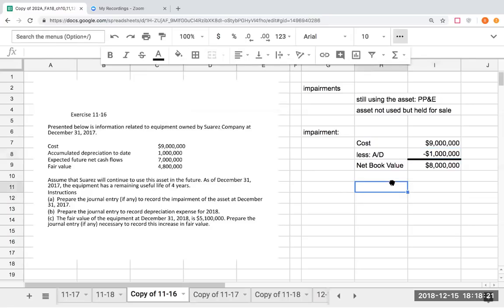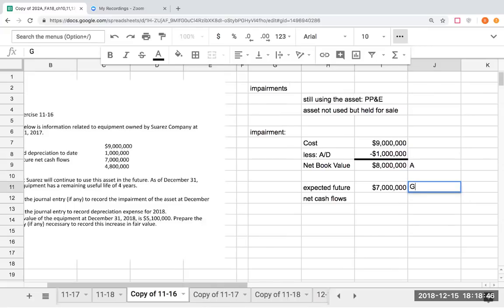I then compare this net book value to the expected future net cash flows of $7 million. We'll call the net book value A and the cash flows B, and because B is less than A, this means that we have an impairment.